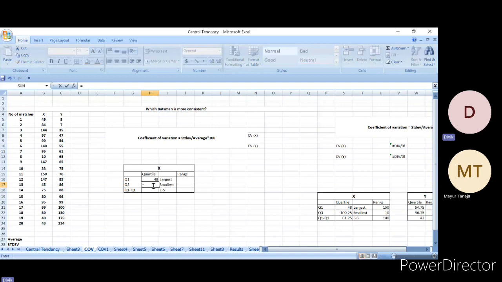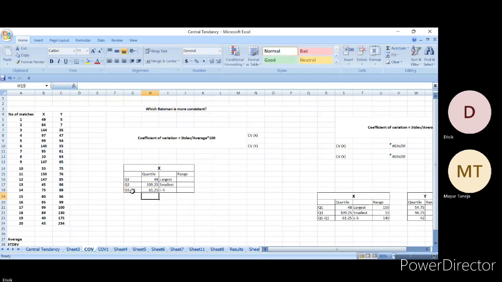Likewise, to find Q3, again press QUARTILE, place your cursor here, select the range, comma 3, that is the third quartile, close the bracket and enter. This gives you the value of the third quartile. For calculating the quartile deviation, first we find the semi interquartile range, that is Q3 minus Q1, and enter.